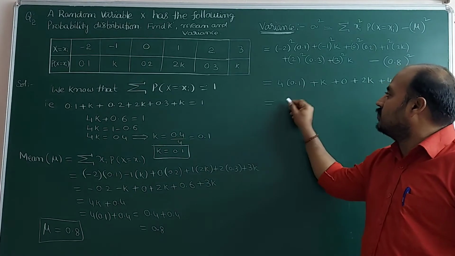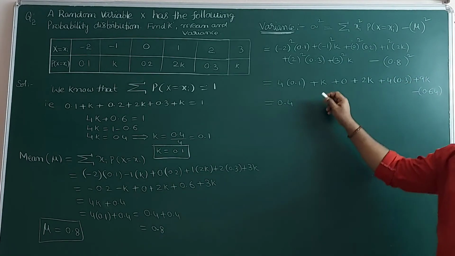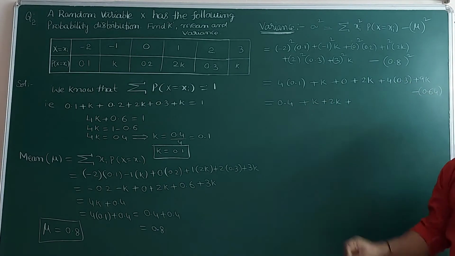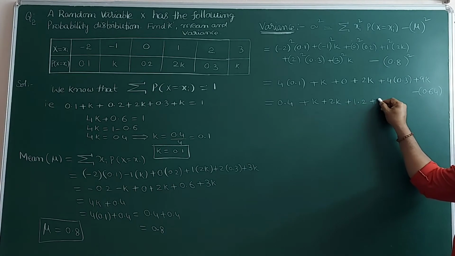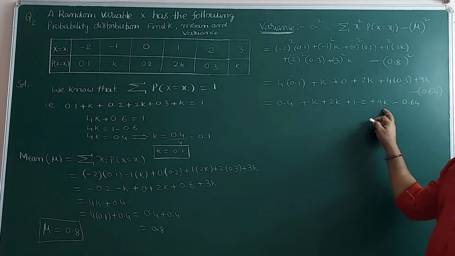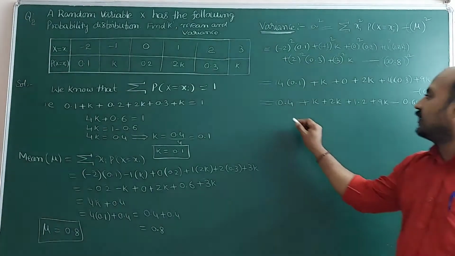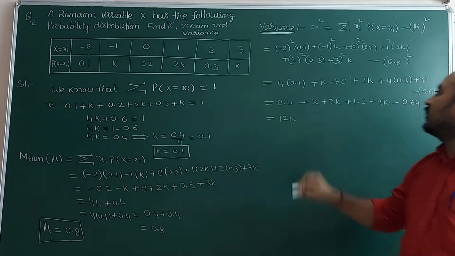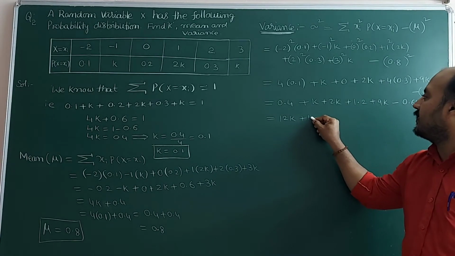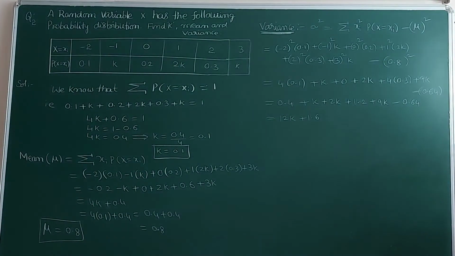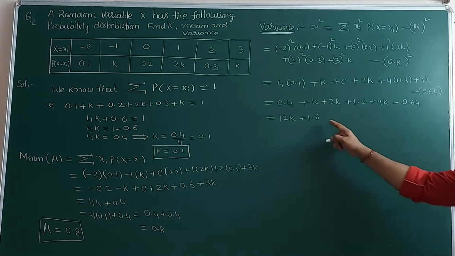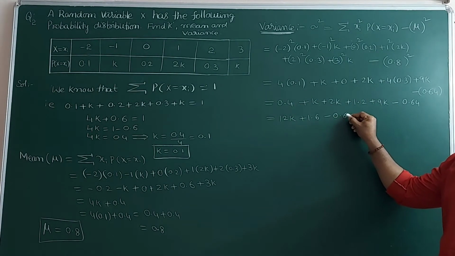Which is equal to 4 into 0.1, 0.4 plus k plus 2k. 4 into 0.3, 1.2, plus 9k minus 0.64. 9k plus 2k plus k, 12k. 0.4 plus 1.2, 1.6 minus 0.64.